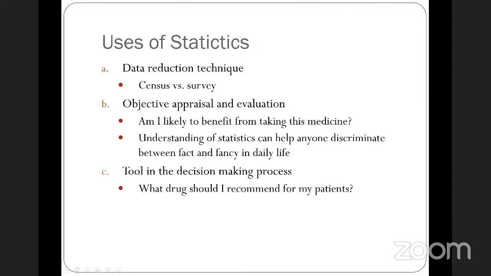For example, amlodipine as a hypertensive drug, and how many will benefit from the ones given. So understanding this can help anyone discriminate between what is fact, what is fancy, or what is simply coincidence.